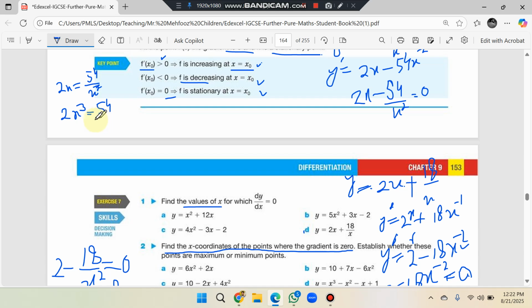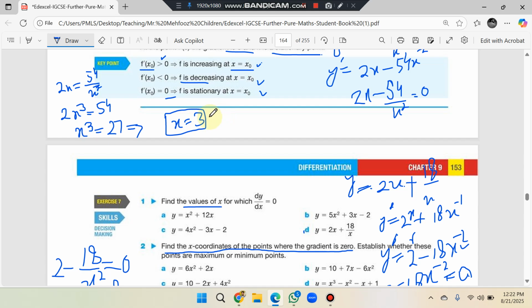This 2 goes to the other side and divides 54, so x cube is equal to 27. So what is the answer of x? X has a simple answer, that is 3. Do you understand? Yes. When we take the cube root on both sides, we obtain x is equal to 3.